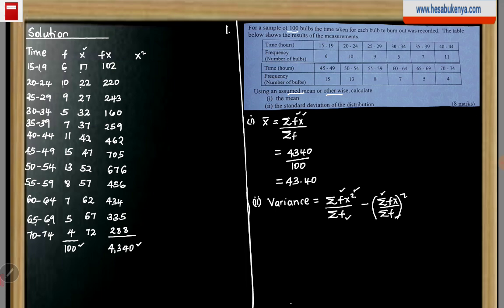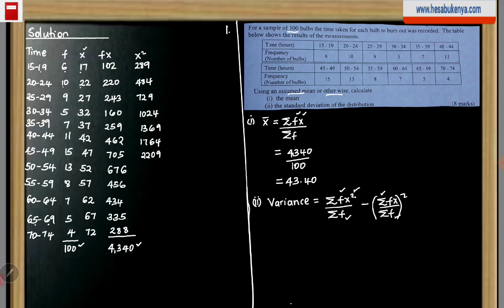So 17 squared is 289. Then 22 squared is 484. Then 27 squared is 729. 32 squared is 1024. 37 squared is 1369. 42 squared is 1764. 47 squared is 2209.